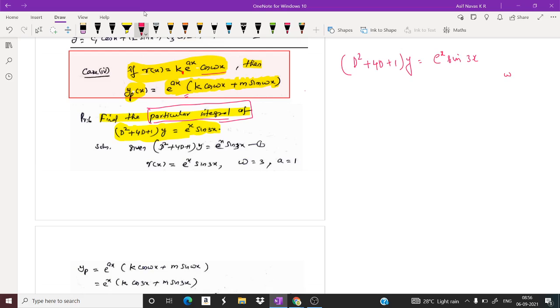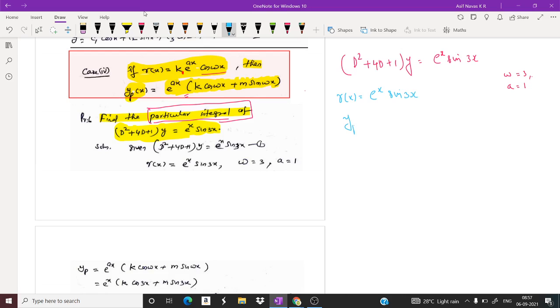So what is omega here? Omega is 3, right? And in e raised to ax, a is 1. Now here r of x is equal to e raised to x sin 3x.